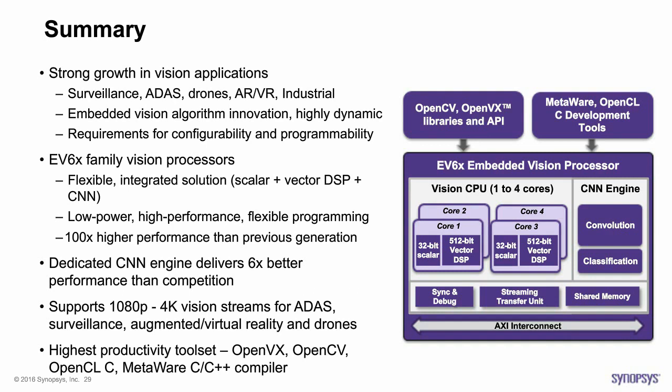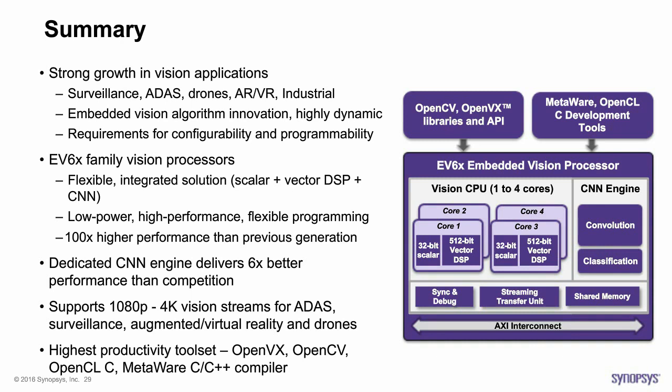But this is being enabled by processors like this one, the EV6 family, which brings together tremendous levels of integration and capability, with a very high performance scalar RISC CPU, a wide vector DSP capability, and a specialized CNN engine.